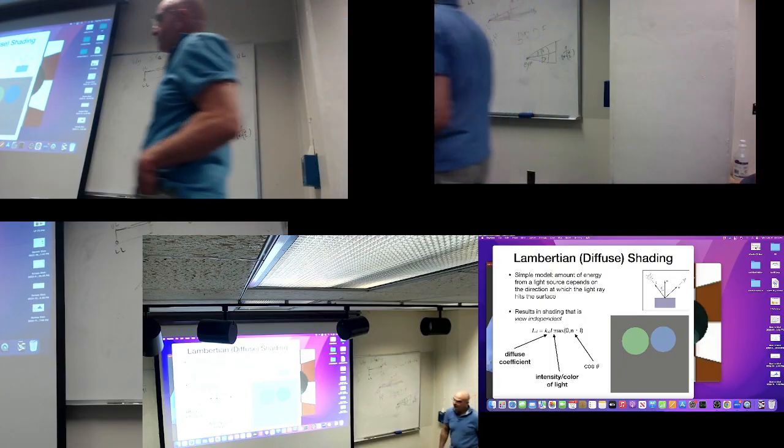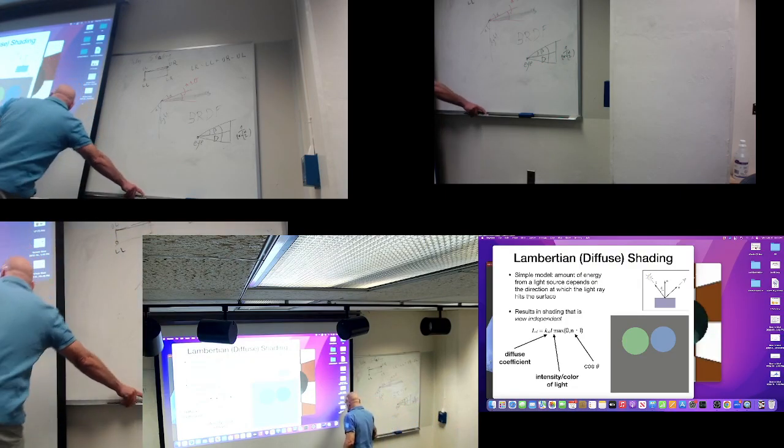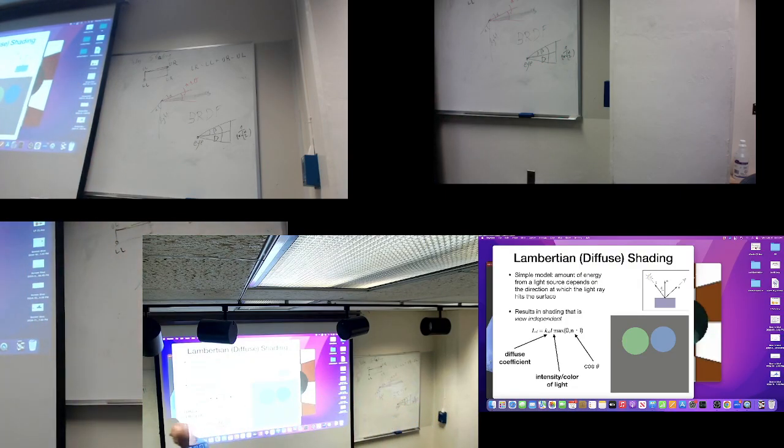Well, because of what happens for the viewer that sees this point. Here is a normal, and this is the direction to the light.